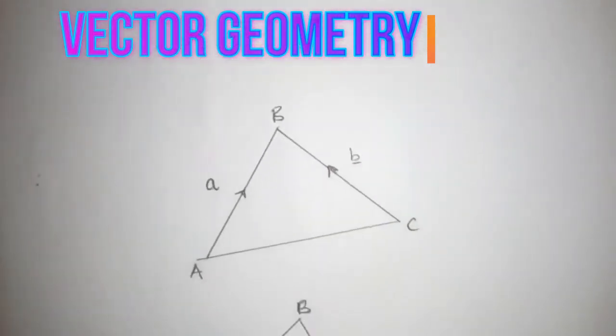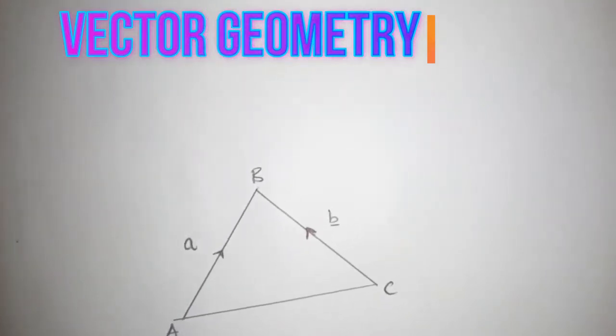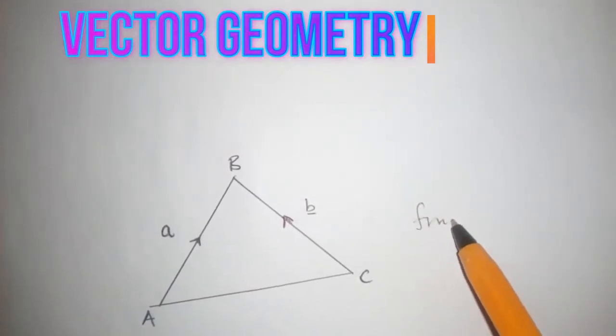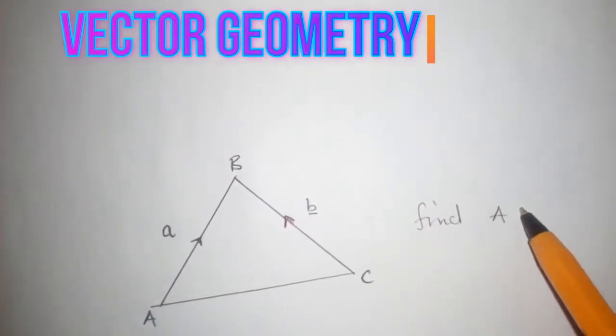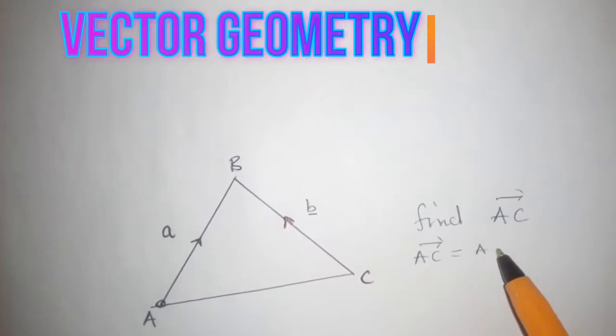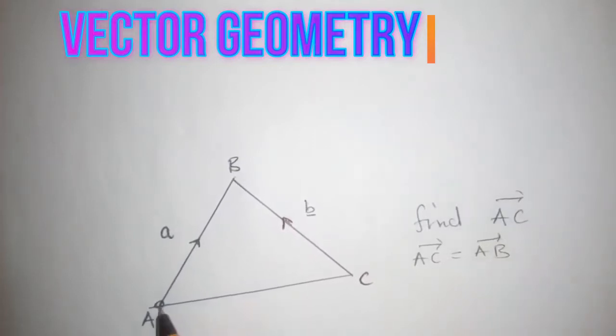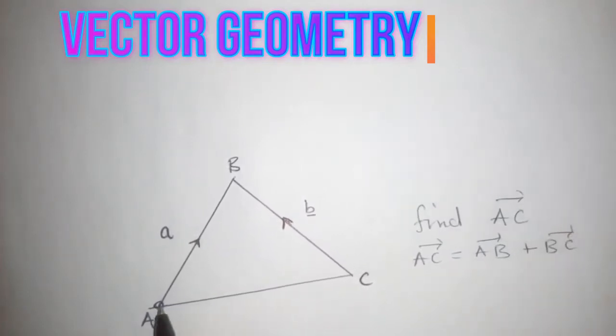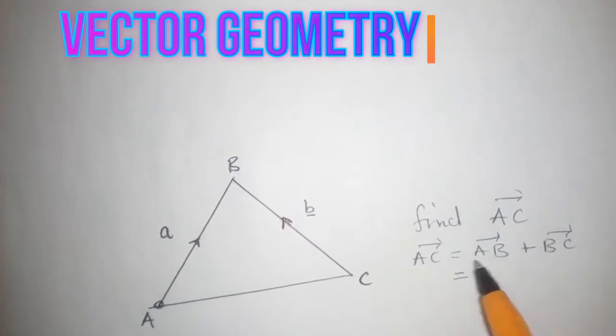Again, the same thing, you may be asked over here to find vector AC. So AC is equal to vector AB plus vector BC. So what is our AB?